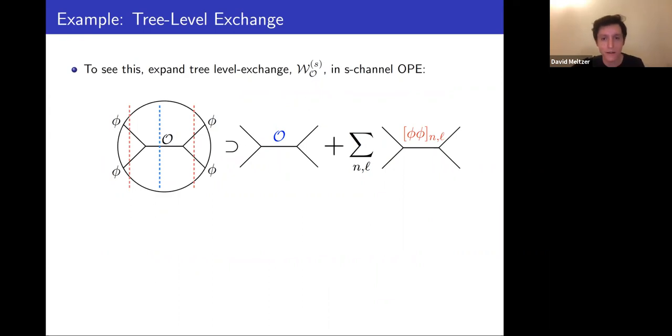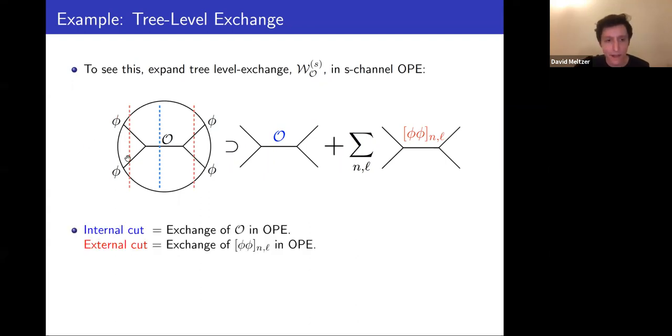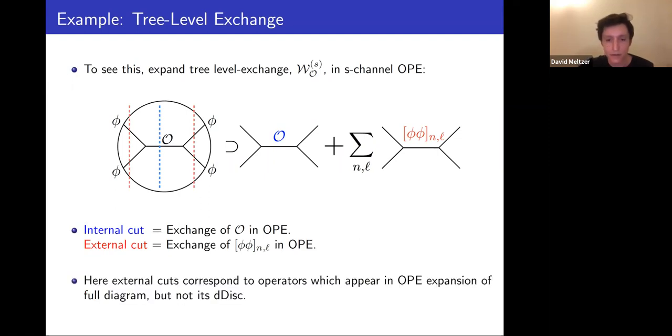Now here I should say you should think of these cuts more as a visual guide right now. So I have 3 cuts. I have my internal cut, which just means I have single trace exchange in the OPE. And I have these external cuts because I have double trace exchange also in the OPE. And so these external cuts are just operators which appear in the OPE expansion of the full diagram, but not its d-disk.